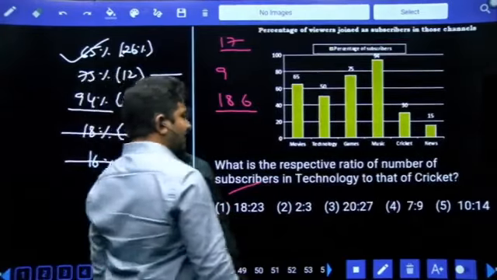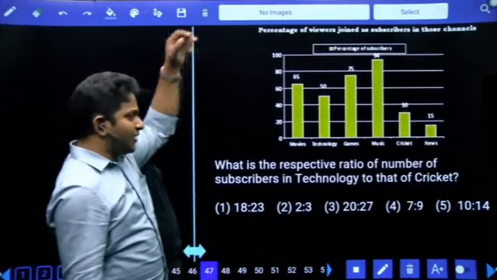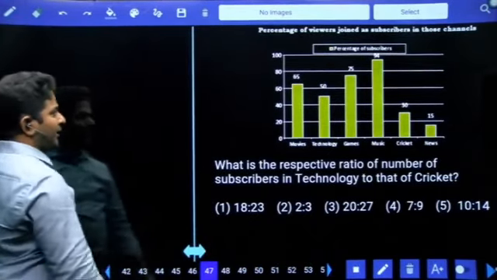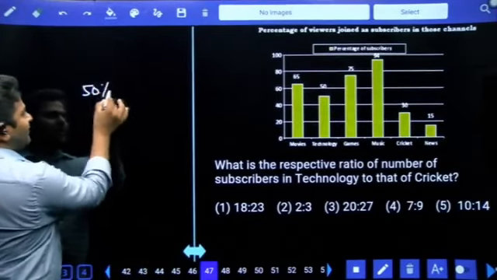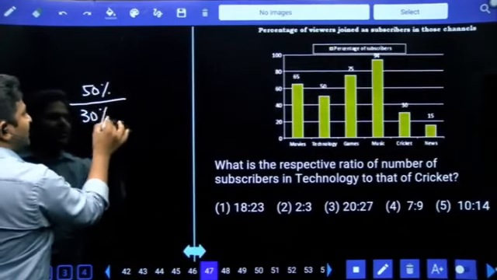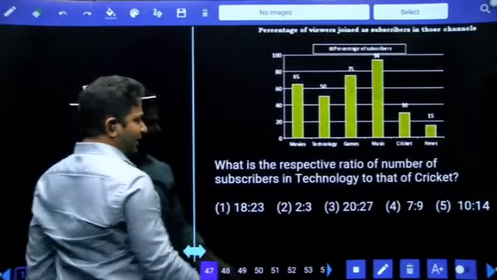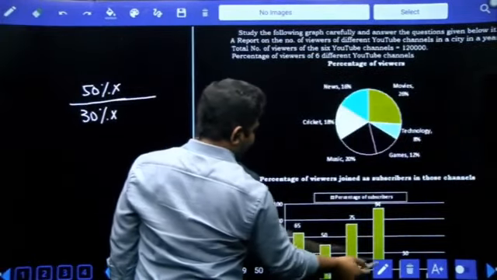Second highest is there for the first one, which is movies. Next, what is the respective ratio of number of subscribers in technology to that of cricket? Technology 50% we have, and then cricket we have 30 percentage. But these values are calculated on what? This is numerator technology, denominator cricket. Technology by cricket.